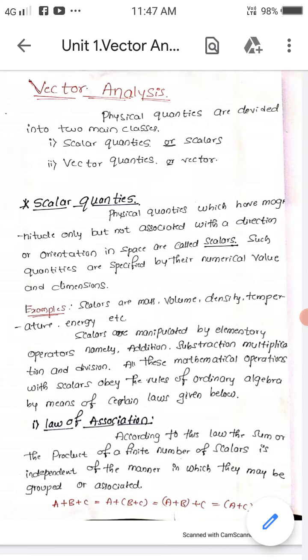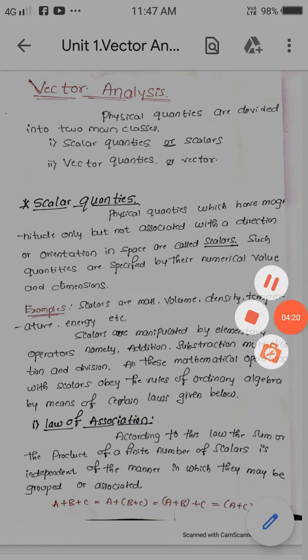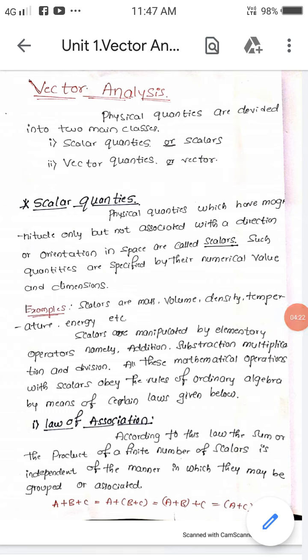First, the scalar quantities. Physical quantities which have magnitude only but are not associated with direction or orientation in space are called scalars.